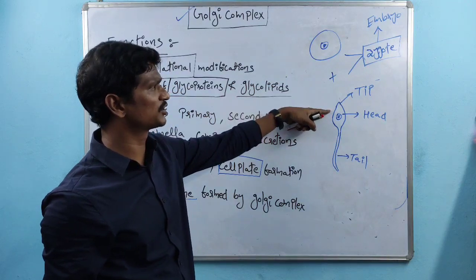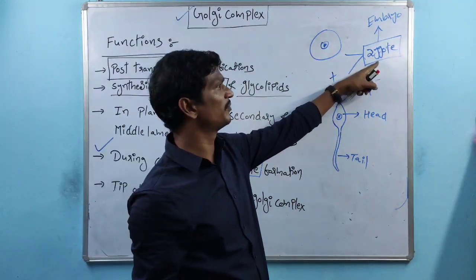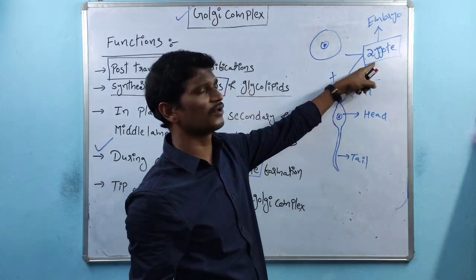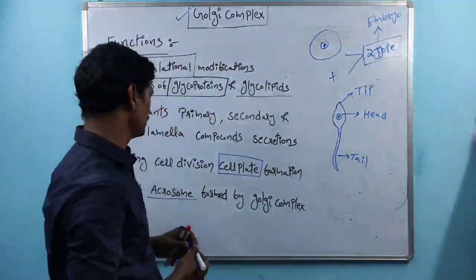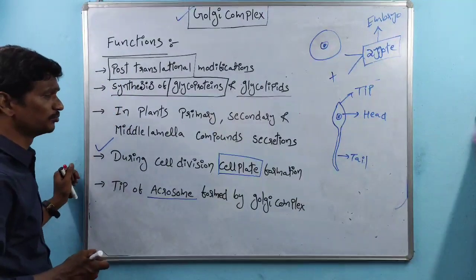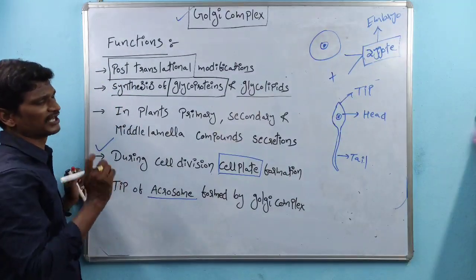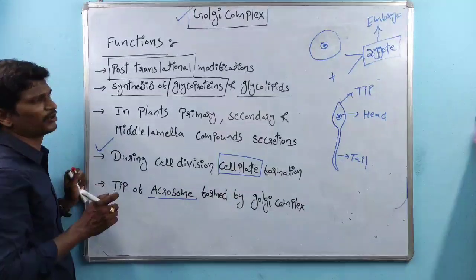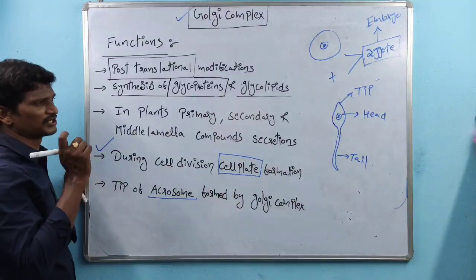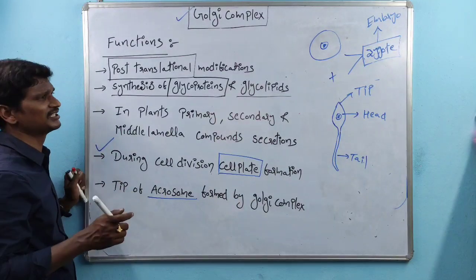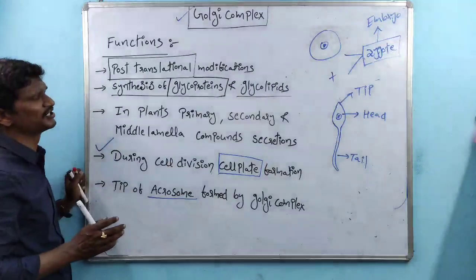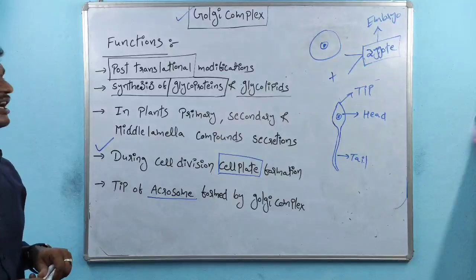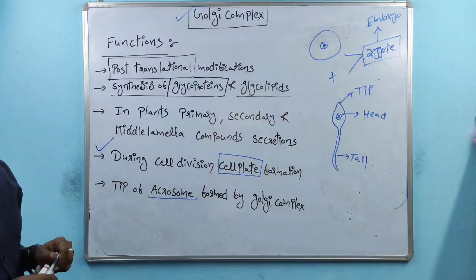Once the nucleus fusion takes place, zygote formation takes place, and the zygote is developed into the embryo. So that is about the role of the acrosome tip during the fertilization process. The tip is very important. It contains that specific enzyme, hyaluronidase, which is involved in the fertilization process. Right? That is about the Golgi complex and the functions of the Golgi complex.